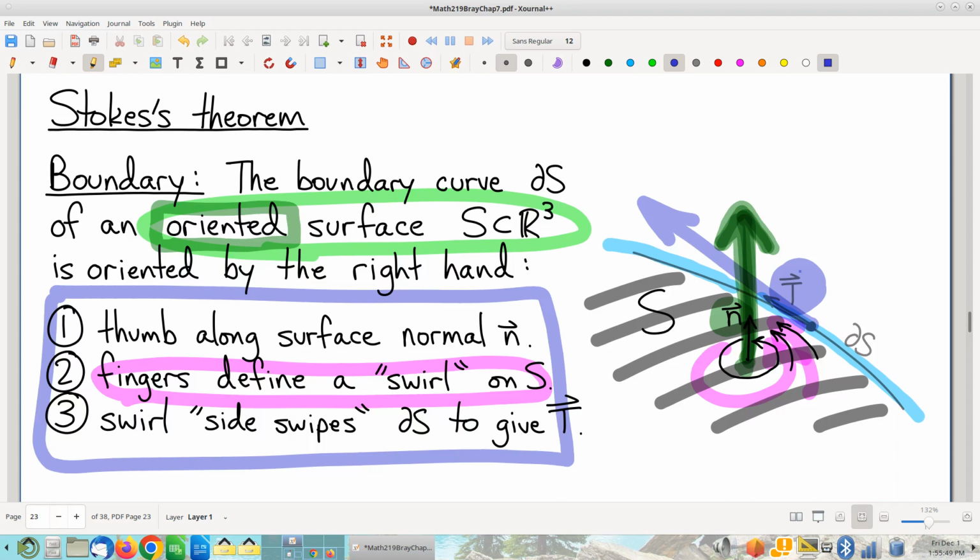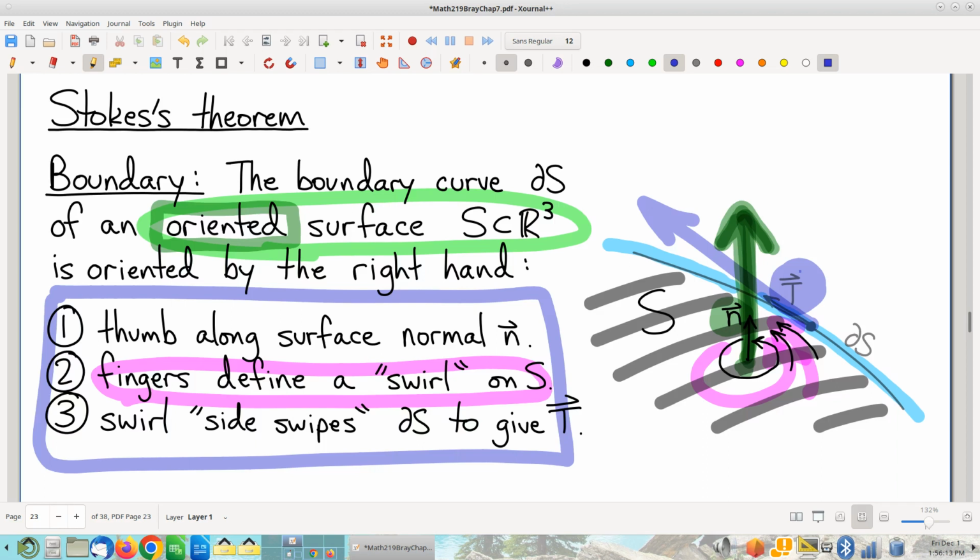Is there a convention about it having to be an upward normal? Not at all. The whole point is that with oriented surfaces, there is no magic correct way to orient a surface. Any given surface could be oriented one way or the other. And so if somebody asks you, what's the oriented boundary of a given surface?